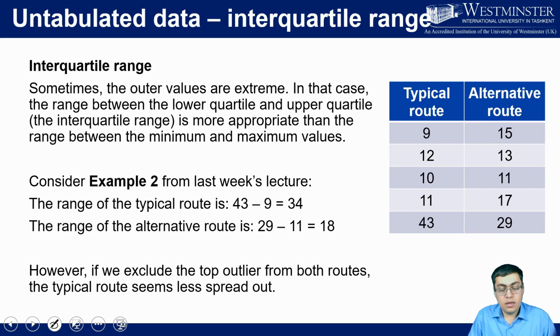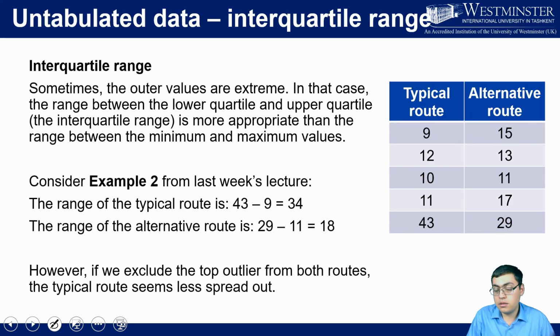There was a student that was going to the university, taking the typical route that he takes and recording the time it takes for him to get there. Now you'll notice that in the last day, it took him an unusually large amount of time, and that might have been because of some accident and etc. So we don't really know, but in general, it took him a long time.